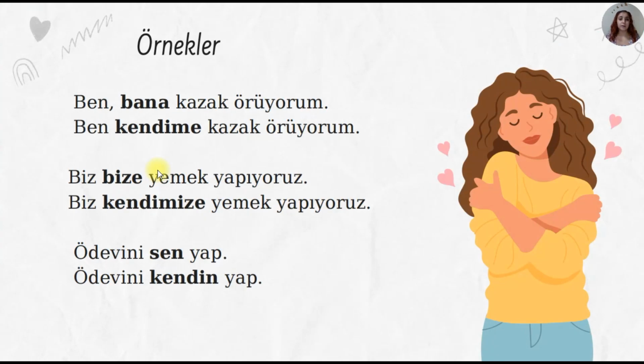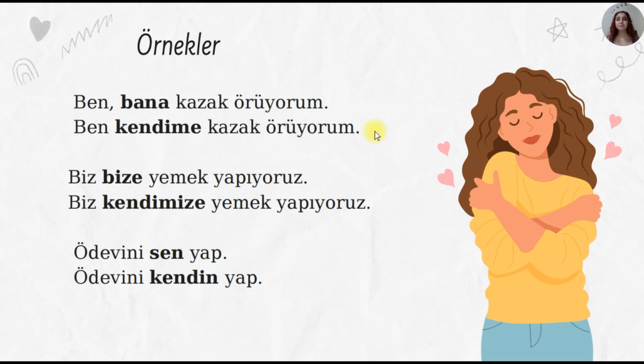How is it in the sentence? Ben bana kazak örüyorum. Bana, for me or to me, kazak is sweater, örmek, örüyorum, örmek is knitting. I'm knitting a sweater for myself, I want to say.